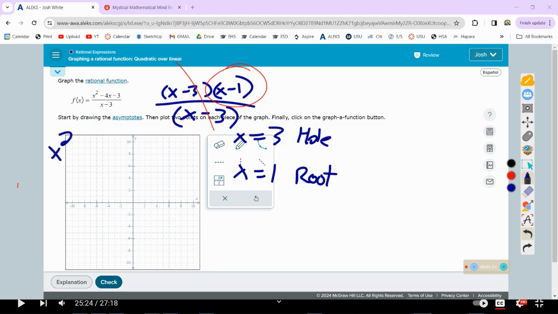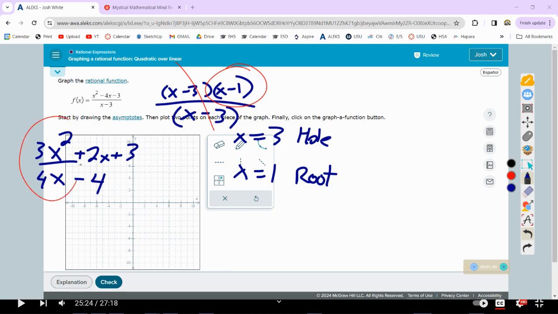But what if the top is stronger than the bottom? Then it doesn't have an HA. Instead, it has what we call a slanted asymptote. So let's pretend this was, and this would have a lot more, and then this could have more.